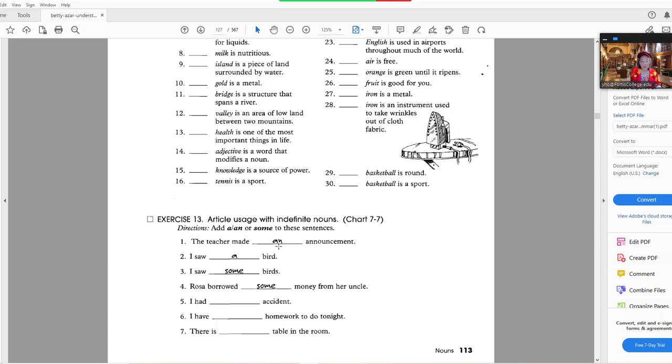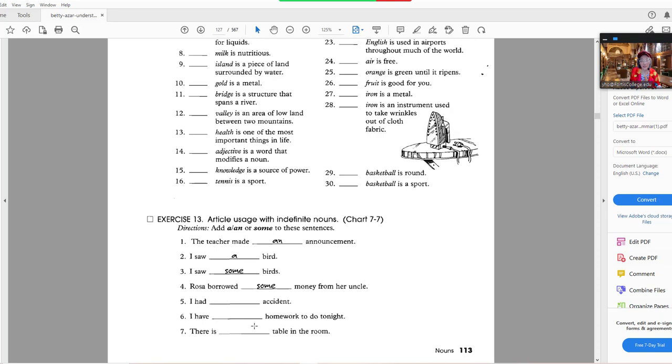So the teacher made an announcement. I saw one bird, a bird. You don't say I saw an bird, because that's only if the word started with a vowel, like eagle. So I could say I saw an eagle. I had an accident because an is used in front of a vowel. And there's no S over here, so you know that it's just one accident.